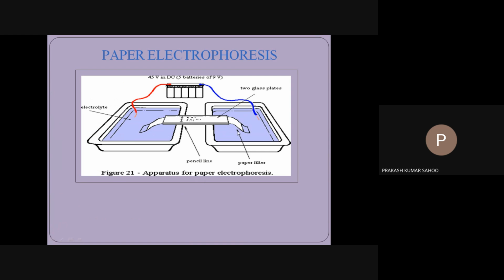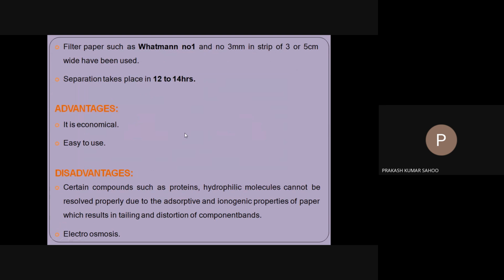It will be Whatman 1 or Whatman 41 type, and we have two different plates connected to two different ends of the electric supply. We have a separation time of 12 to 14 hours for migration of ions, and generally Whatman number 1 filter paper is used, that is 3 millimeter in strip and 3 to 5 centimeter wide.